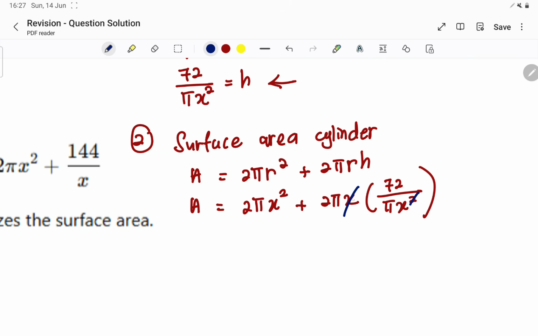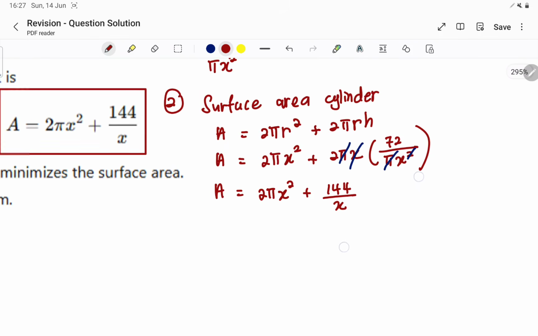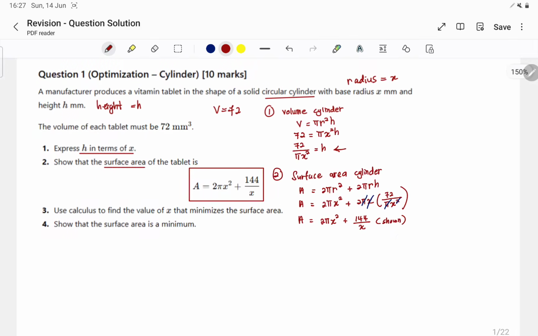We have x and x, and pi and pi. So you get area equal to 2 pi x squared plus 2 times 72, which is 144, divided by x, which is similar to the one they asked us to show. So you can put shown.